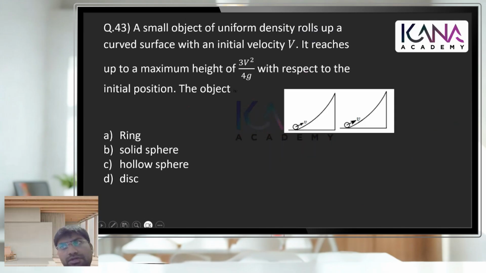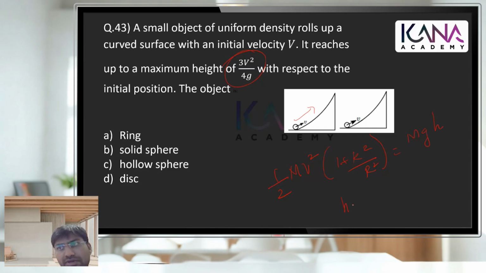Okay, so next question. The object rolls on a curved surface with initial speed v, and the maximum height is given. Identify the object. So let's go from the energy perspective. It will be half mv square into 1 plus this factor k square by r square equals mgh.